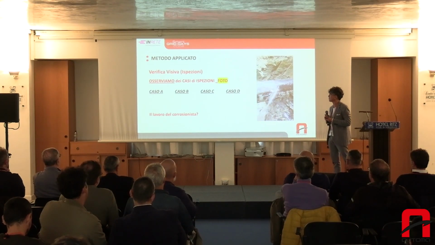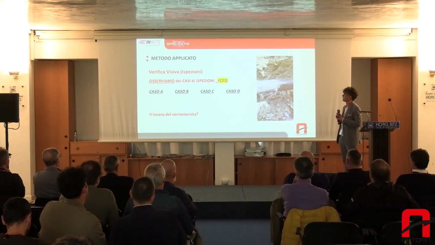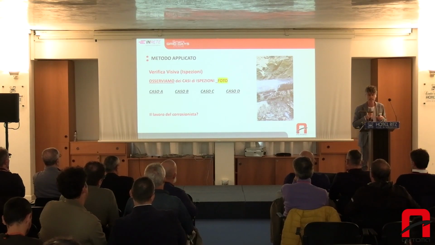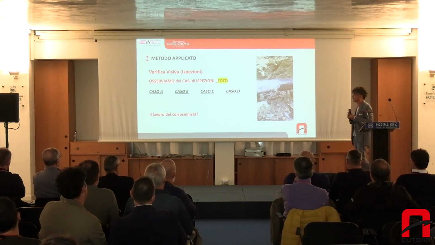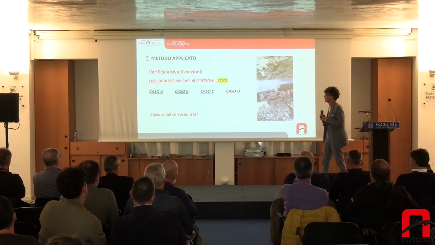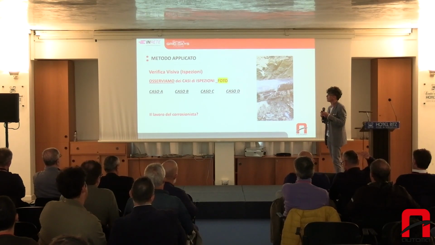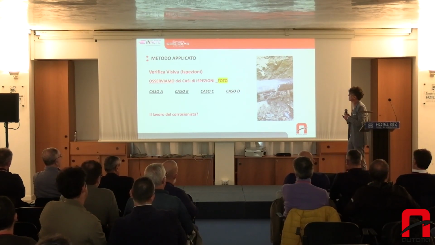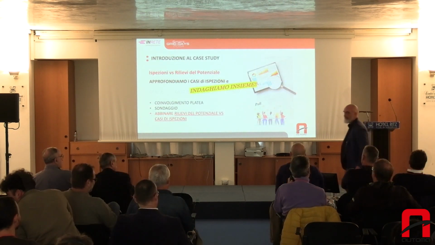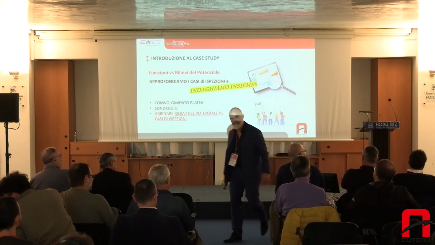With a visual inspection, let's assume that I do an excavation, that I dig, and I find this kind of tube, and I detect a gas leakage. Actually, what you see here was just a rapid intervention to fix the problem, but we will face 4 different cases.